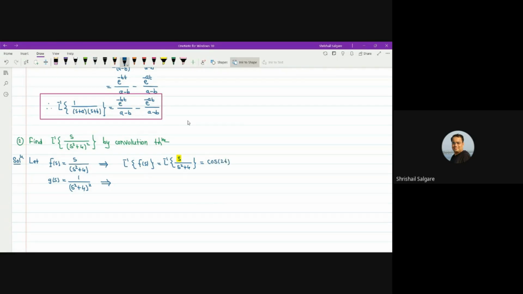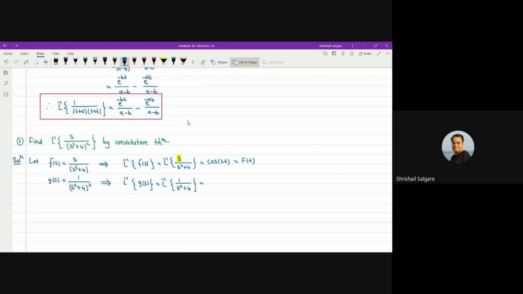Similarly, this one I am calling f of t. Second, the inverse Laplace transform of g of s is given by L inverse of 1 upon s square plus 4. Now, who will tell this one?